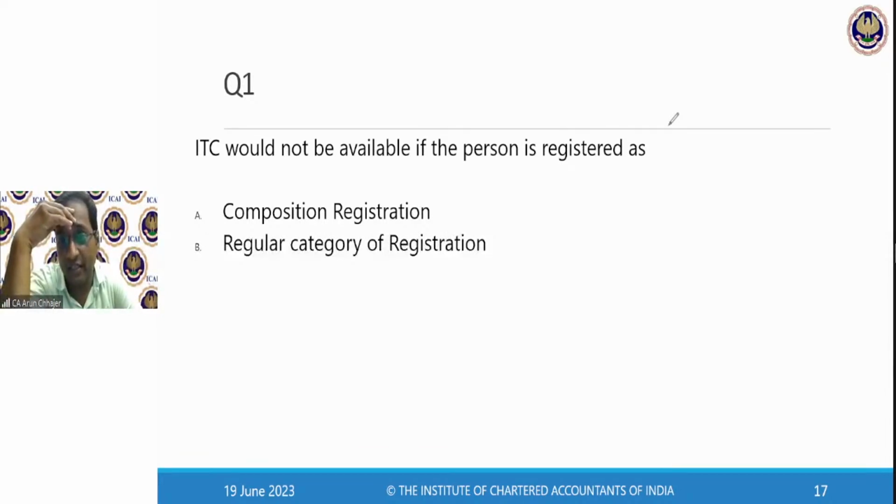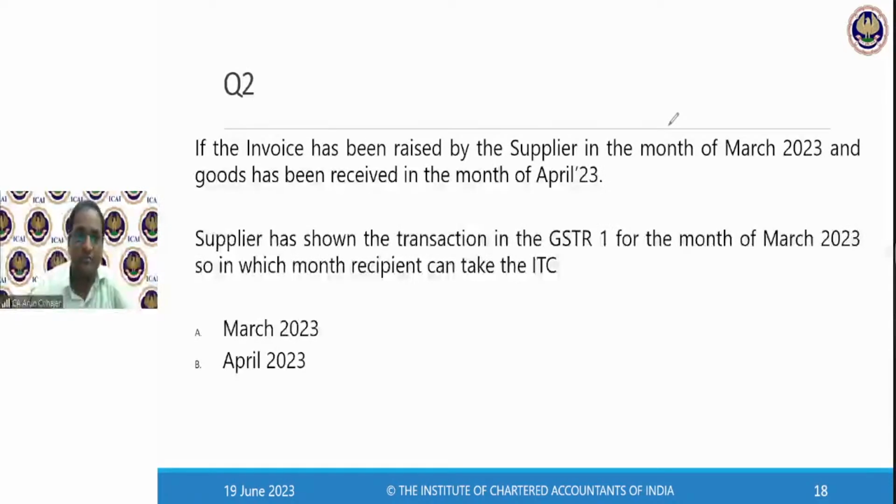The right answer is composition. Jeevan Kishore, section 29 subsection 5 says that it will lapse. This question would be handled in the registration chapter, but because you asked, I am giving the reply. Refer to section 29 subsection 5. This ITC would lapse. ITC would not be available if the person is registered as composition.